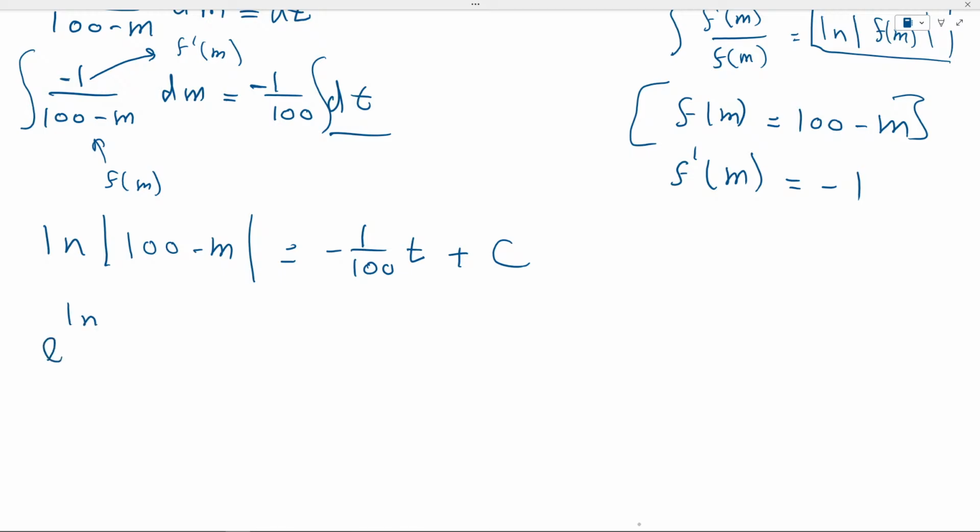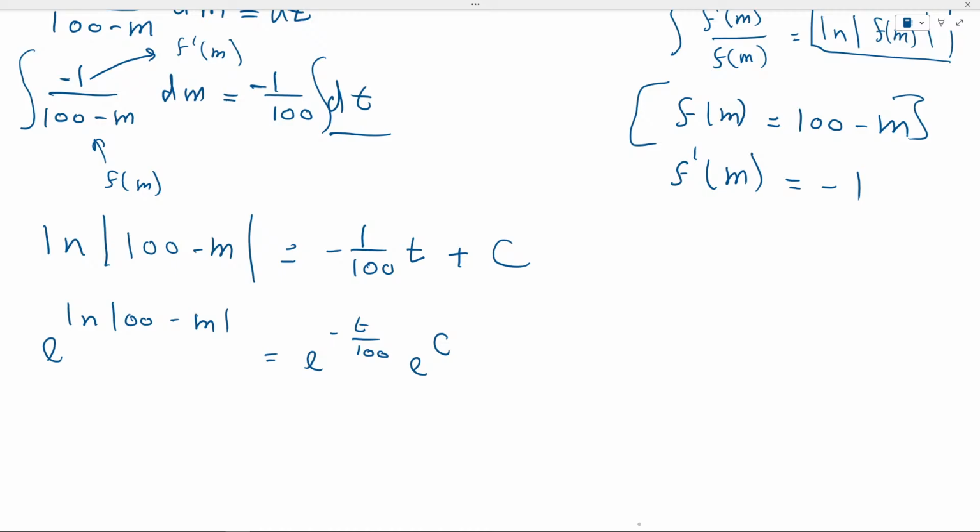Here I will have ln, that is equal to e to the power negative t over 100, and then here e to the power c, or whatever.